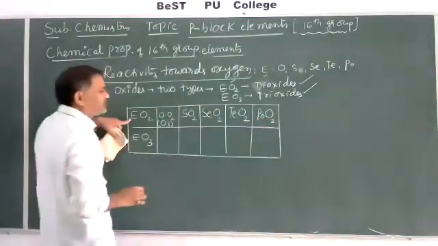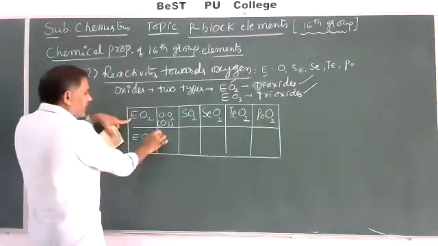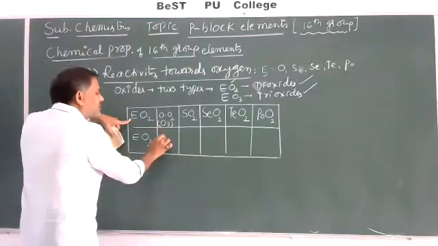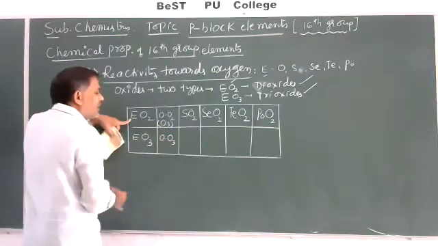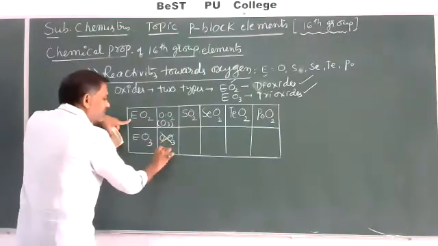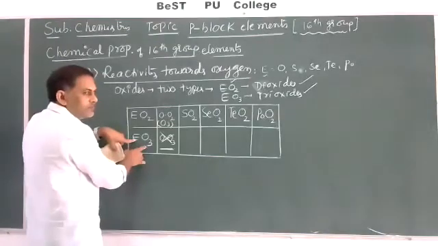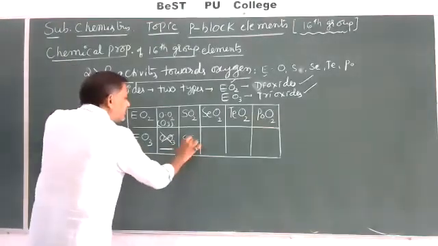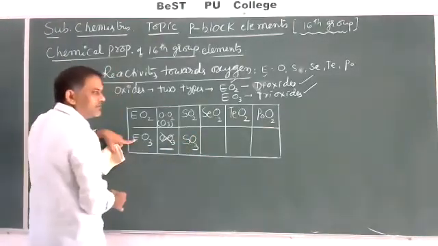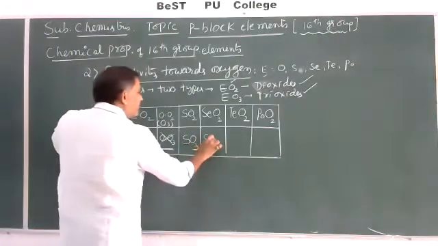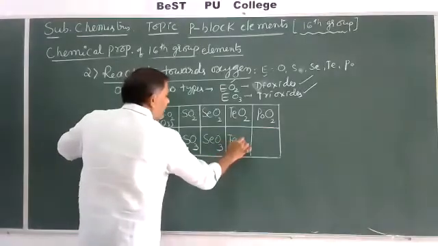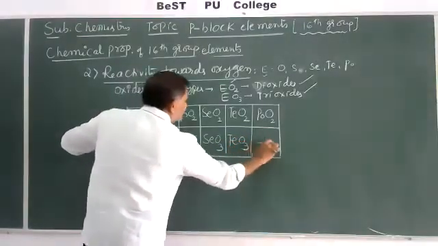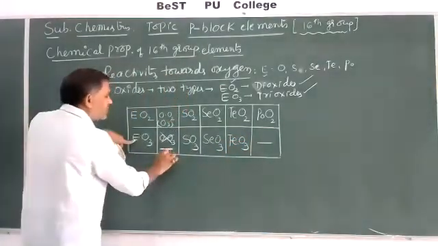Now for EO3, oxygen does not combine with three moles of oxygen; there is no such trioxide with oxygen. Sulfur combines with oxygen to give sulfur trioxide, and selenium gives selenium trioxide. Tellurium trioxide here also, these two are not possible.